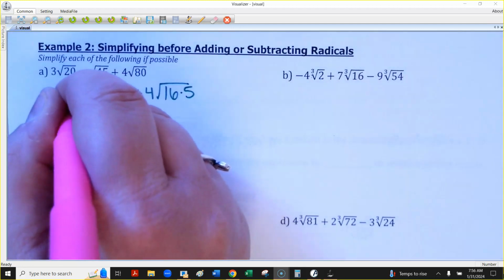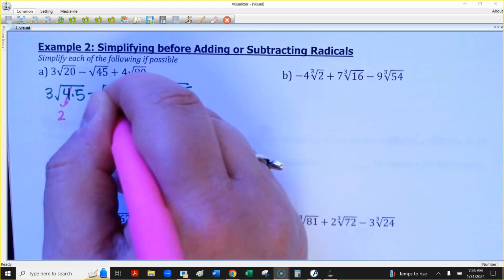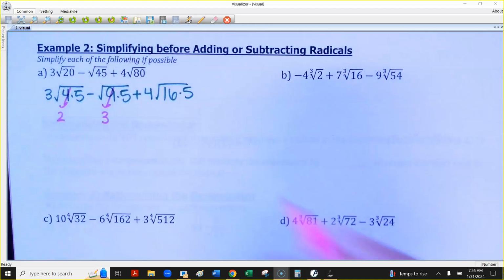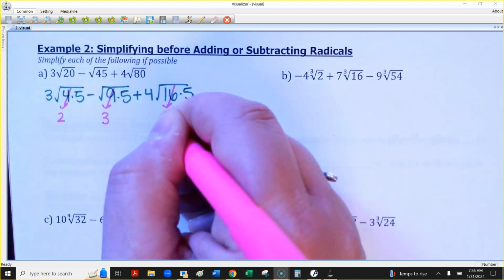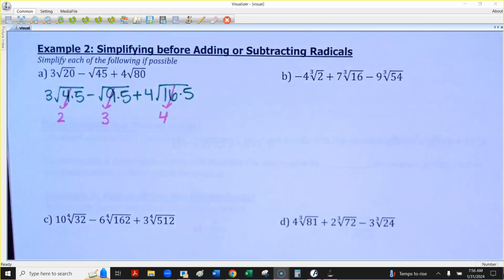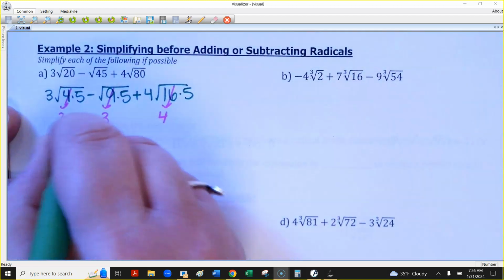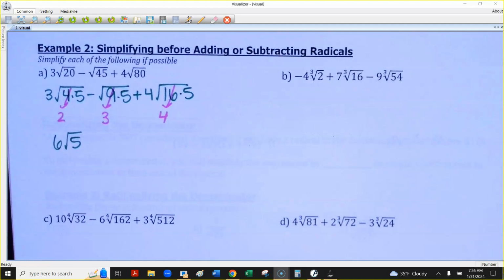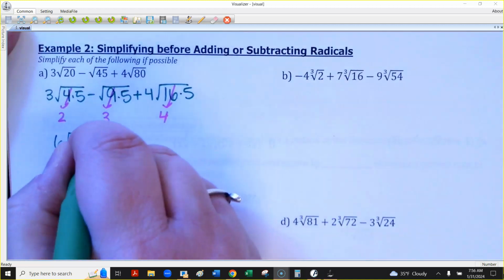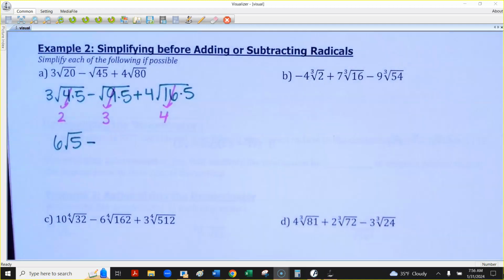So square root of 4, that's going to come out as 2. Square root of 9, that's going to come out as 3. Square root of 16, that's going to come out as 4. Now, if something's already in front, which I do have for a couple of these terms, and you pull something out, you're going to multiply them together. So that first term, 2 times 3 is 6. So that first term, all simplified, is 6 roots of 5. Now, there's nothing in front of the next term except a subtraction sign.